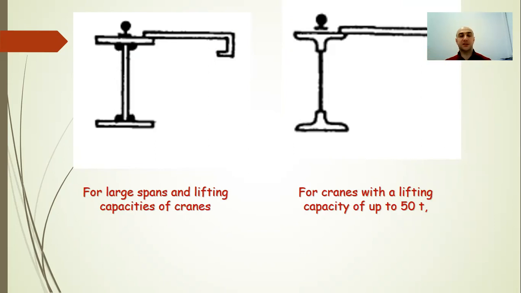To reduce the consumption of steel, welded beams are sometimes designed from two grades of steel. The wall is made of low carbon steel, and the belt is made of low alloy steel. This method actually helps to reduce the consumption of steel during the design of the crane beams.